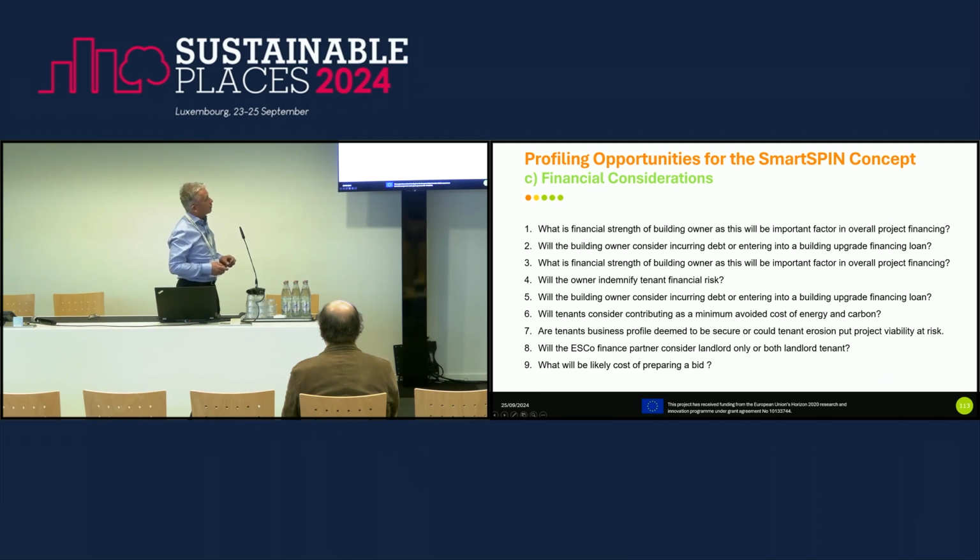Will the building owner consider incurring debt or entering into a building upgrade financing loan? It's a straightforward question, but if our model requires him to do that and he can't, then that's a blocker.